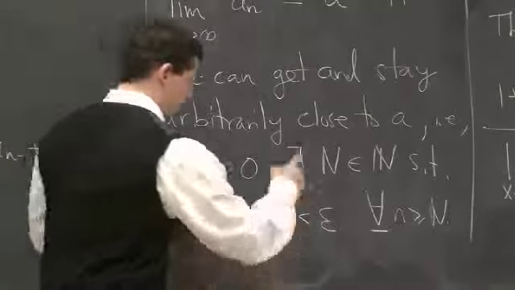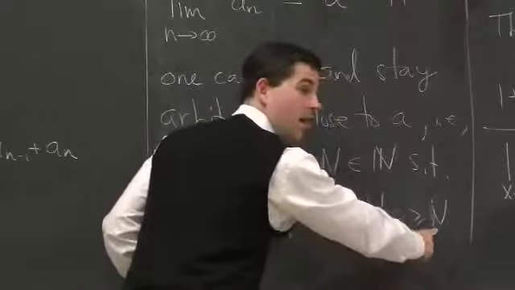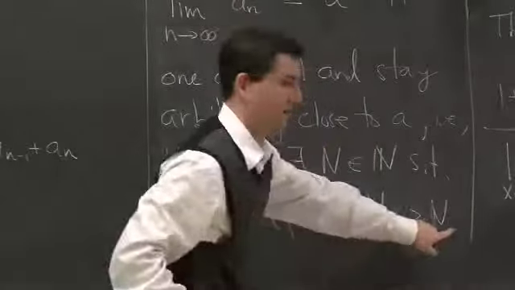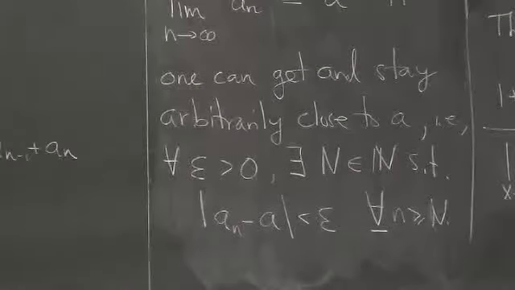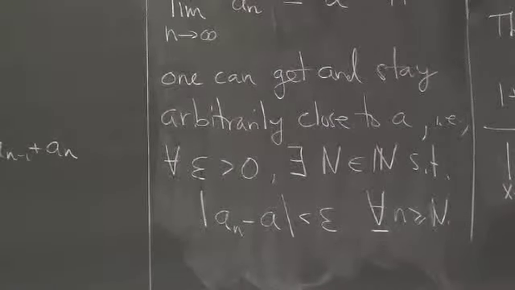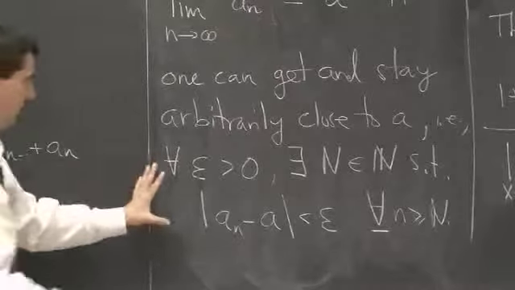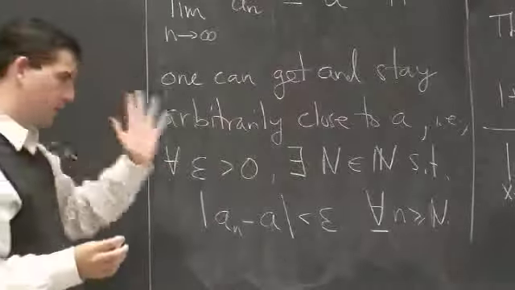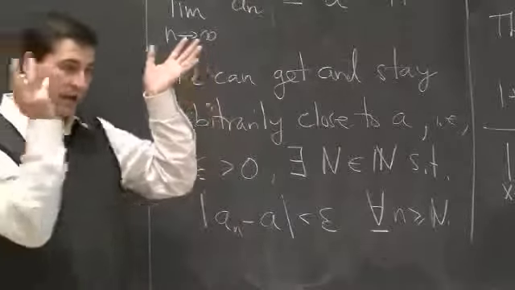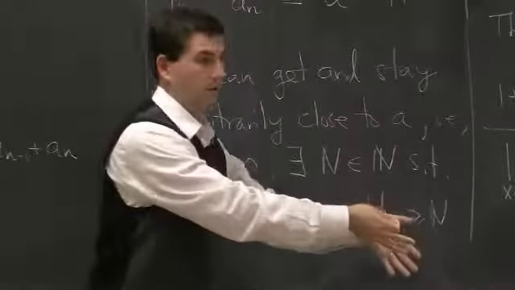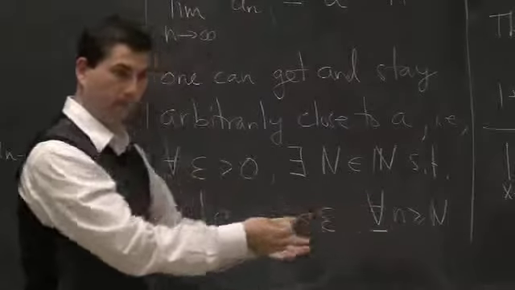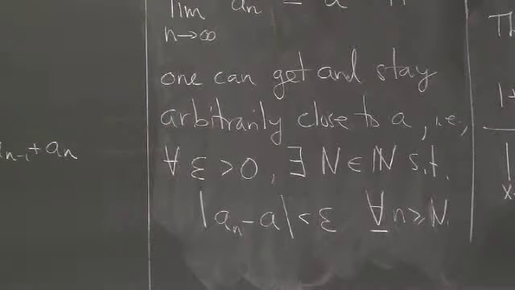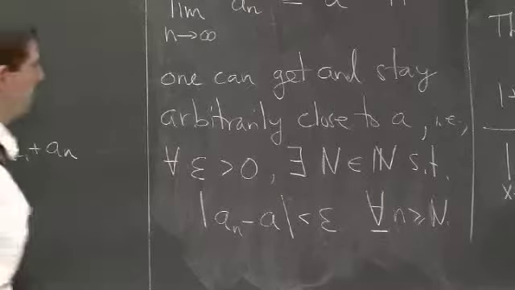So this says you can get close for some N, and you stay close for all the n past that big N. This is the precise mathematical way to write down these things. But intuitively, the sequence will get close and stay close to that number. Does that make sense? Gets close, stays close.